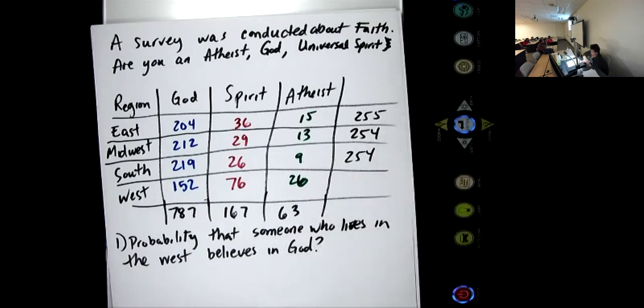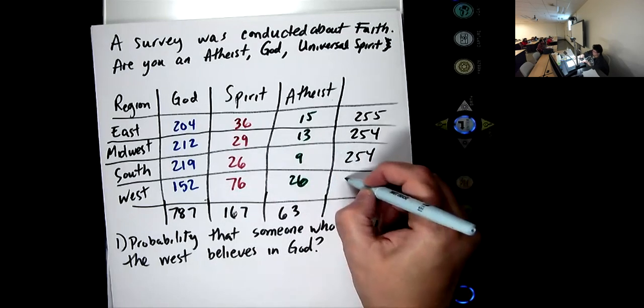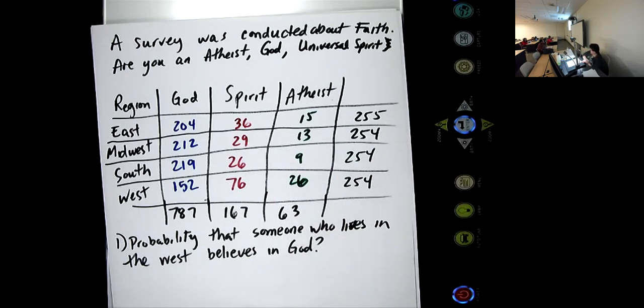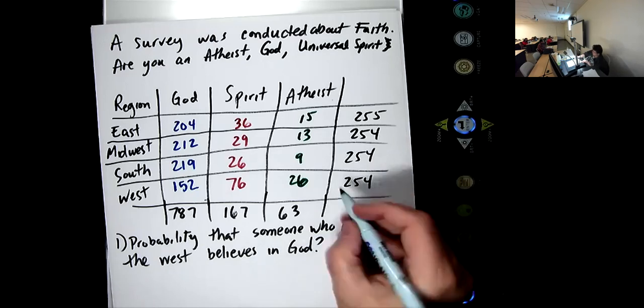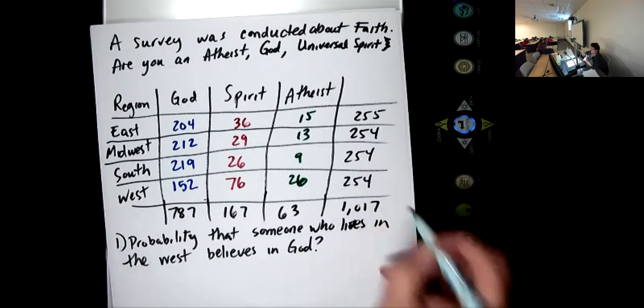And the last two, this might be 254 also. These two add up to 102. That's 254 also. And so all of it together is 1017.